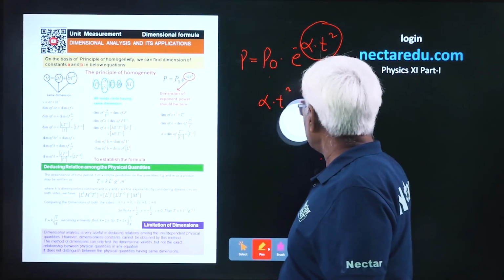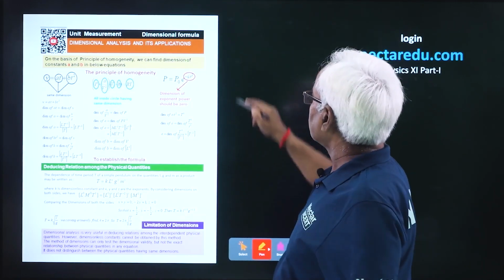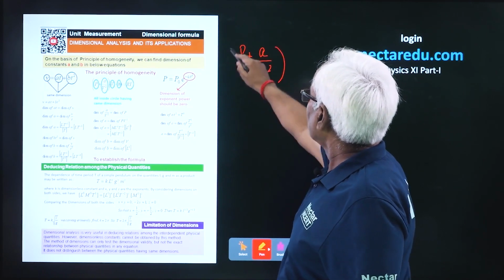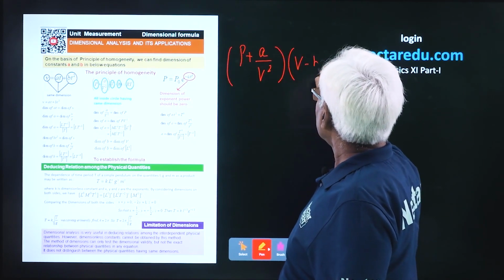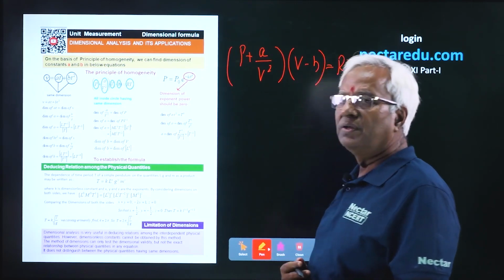Then the second expression that we have is the van der Waals equation, that is (P plus a upon V square)(V minus b) equals RT.